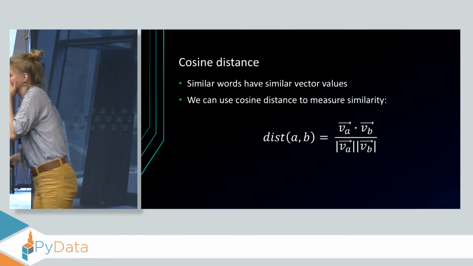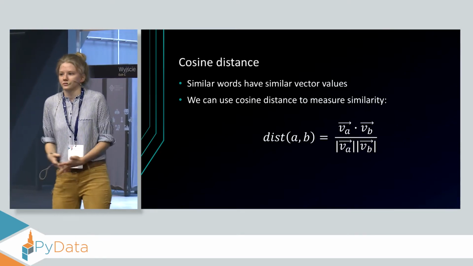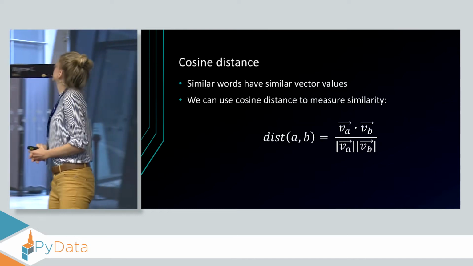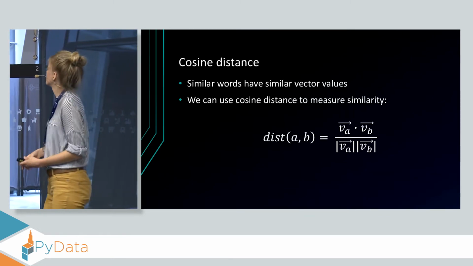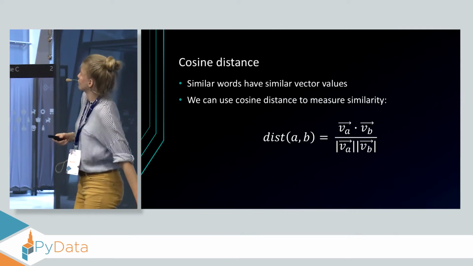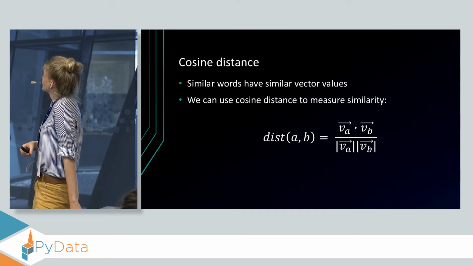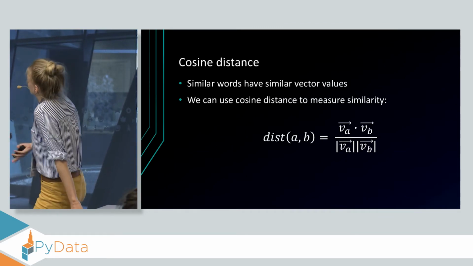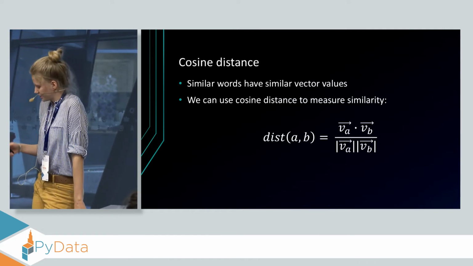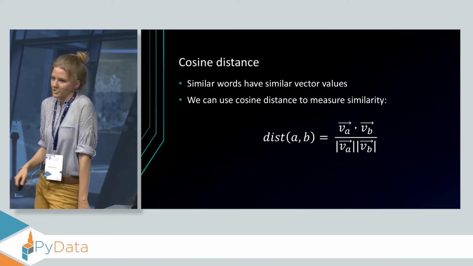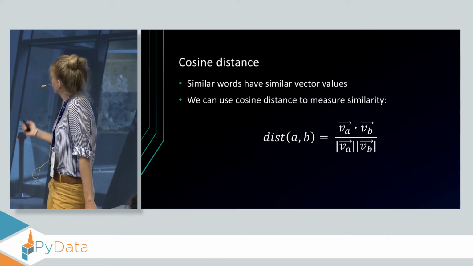Okay, so now we have a tool to measure how similar the words are, and that's cosine distance. We already know that similar words have similar vector values, and now we can use the cosine distance to find the most similar words.